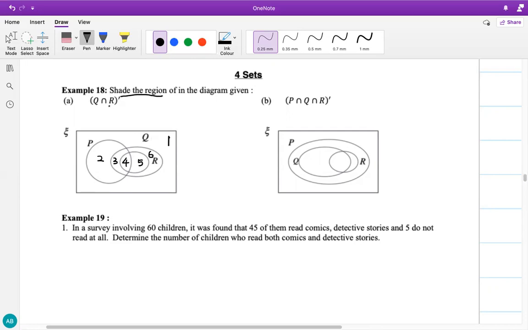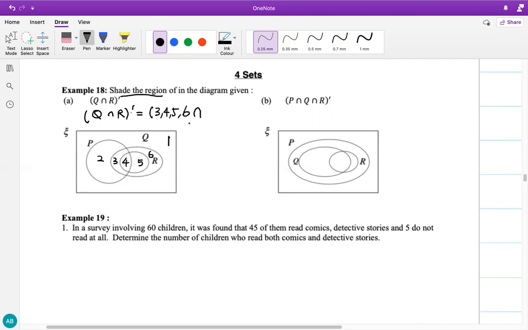Therefore, when I want to do Q intersect R prime, I need to know Q intersect R first. So what is Q? If we use a highlighter, Q is the whole area, so it's 3, 4, 5, and 6.